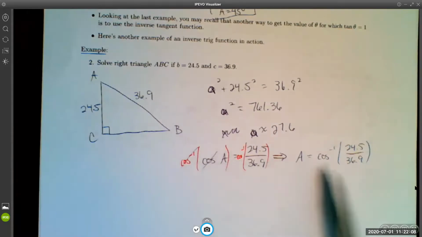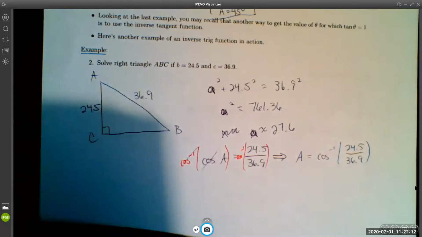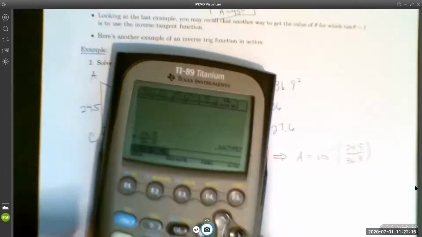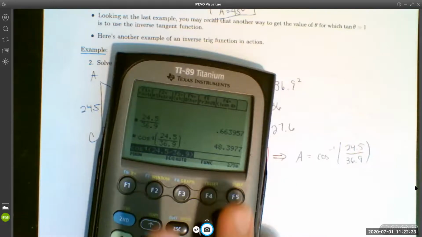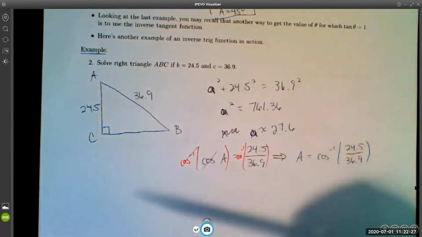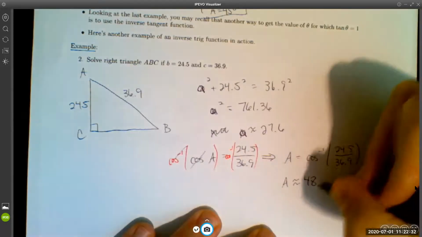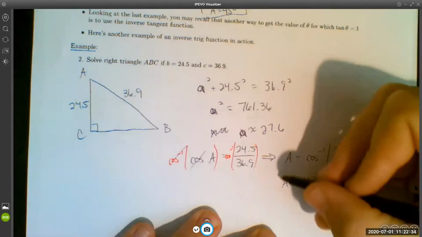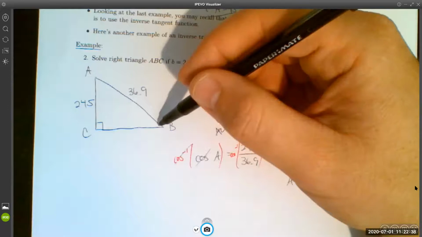So this is what you would punch into your calculator to get the answer for what A is. I'm going to do cosine inverse of 24.5 divided by 36.9. So that's about 48.4 degrees. Okay, and then I could do the same thing with B. With B, I think I would use the sine function, opposite over hypotenuse.